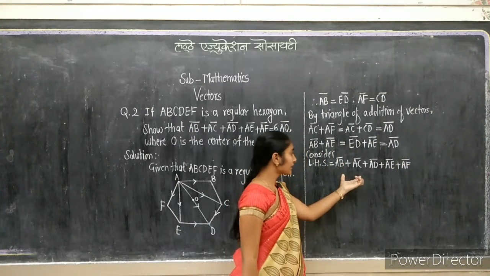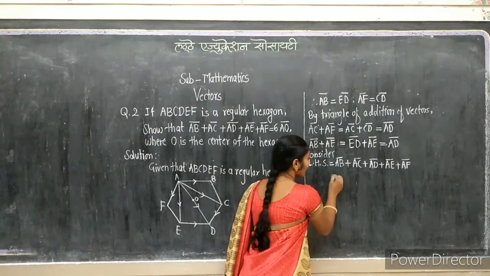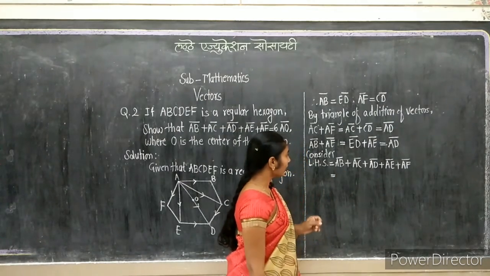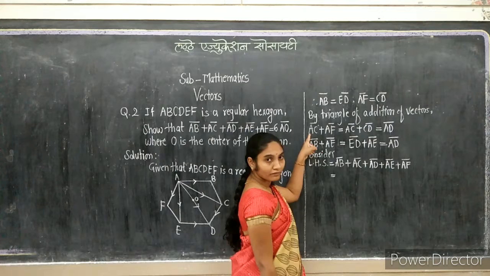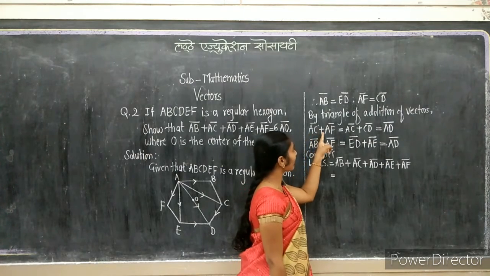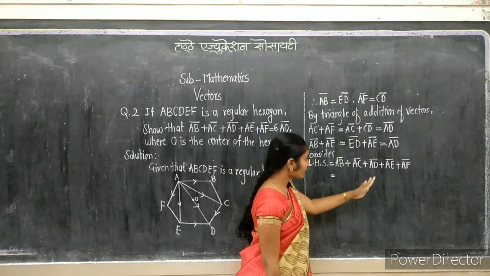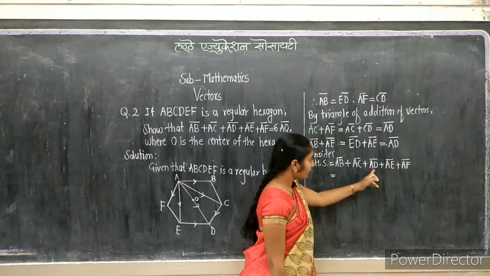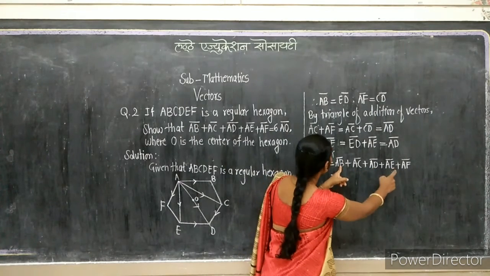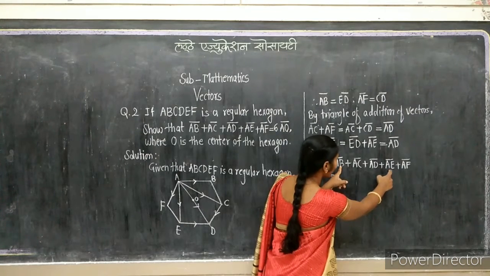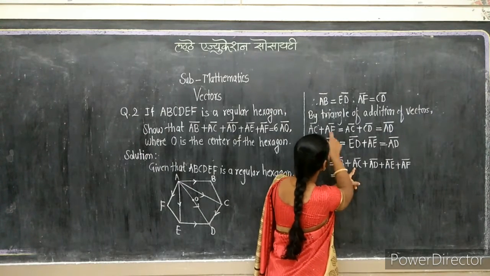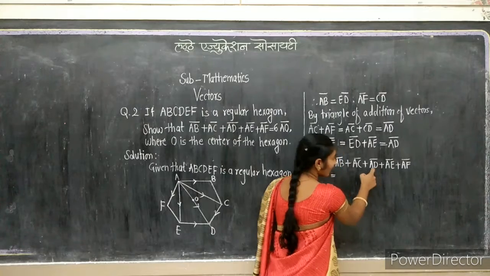After that, first find out the terms AC bar plus AF bar and AB bar plus AE bar. AB bar plus AE bar is found, AC bar plus AF bar is found, and AD bar as it is.